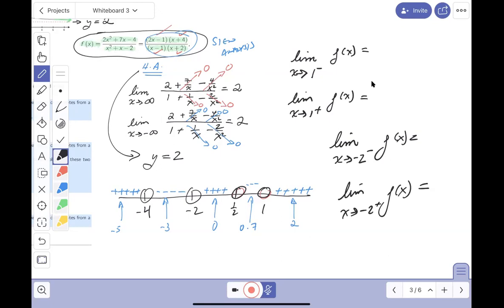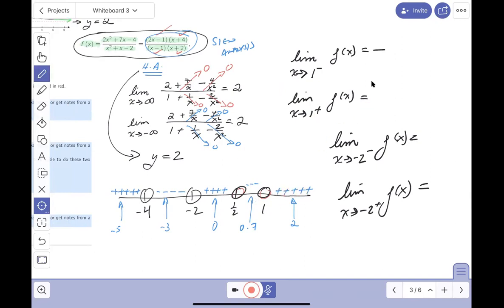Okay, I just want to do sign first. That's why I did sign analysis. So I'm going to start pointing things out over here. 1 from the left, what is it? It's a negative number. Let's do the next one. 1 from the right, what kind of number is it?